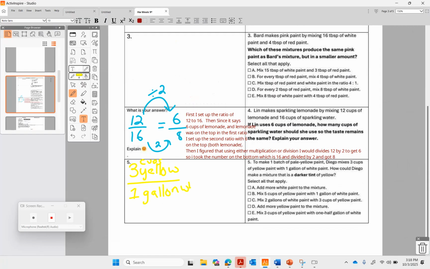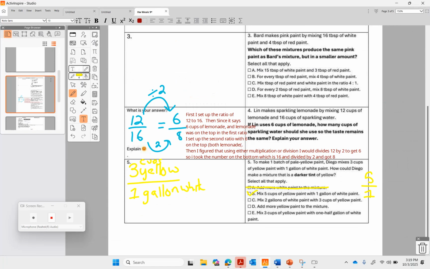He wants something that will be darker. So if he adds more white paint to the mixture, it's going to get lighter. So it's not that. 5 cups of yellow. So we're going from 3 cups of yellow to 5 cups of yellow. That will be darker. It will have more yellow.